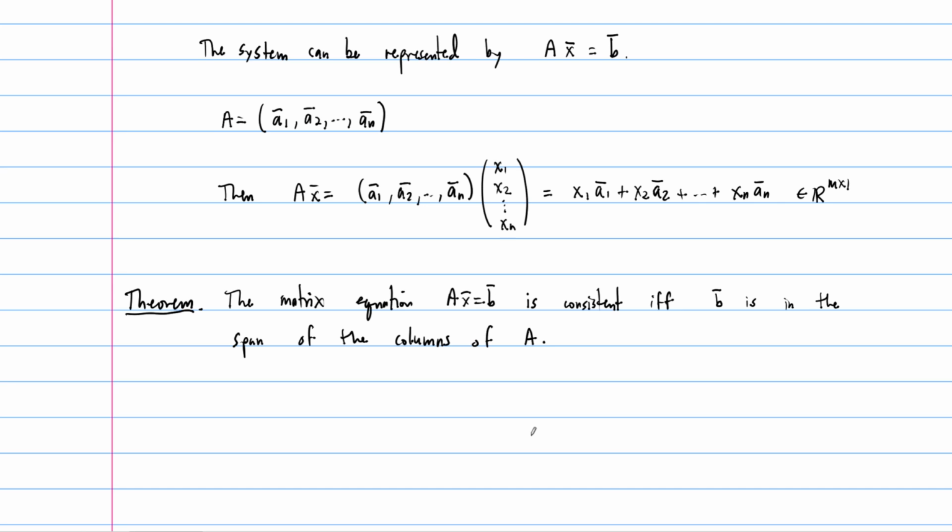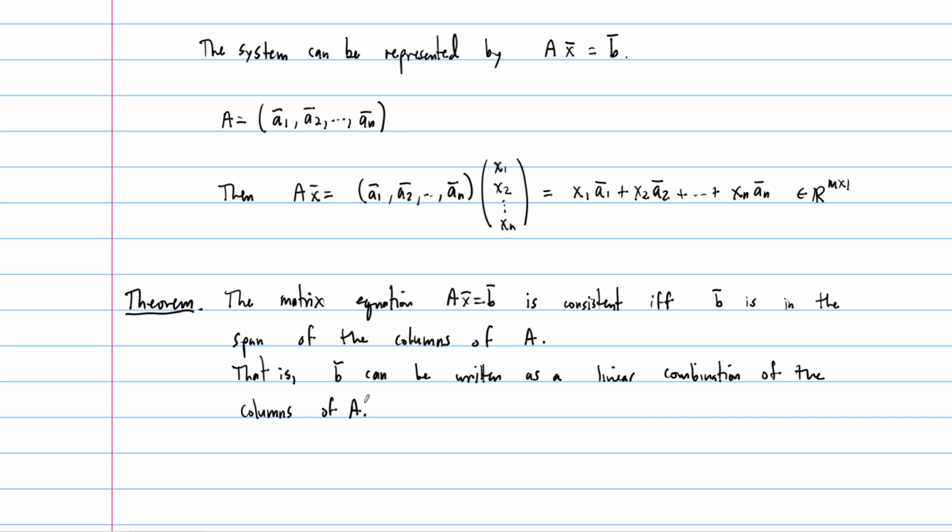All right, so that is another way to say that. That is, b can be written as a linear combination of the columns of A. Okay.